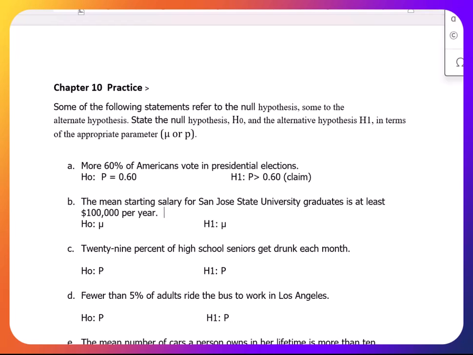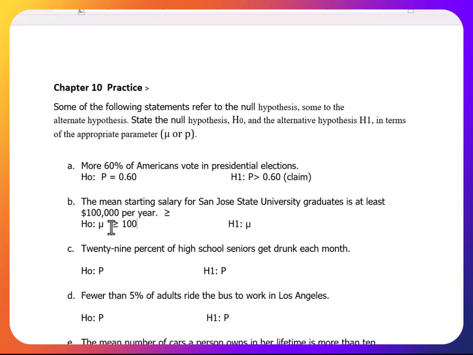To show you this simple, it will be this one. So it does have the equal sign. Greater than or equal to. It does have the equal sign, and anything that has an equal sign has to be in H0. So we should have it right here. So let me just copy it and paste it. It should be right here.